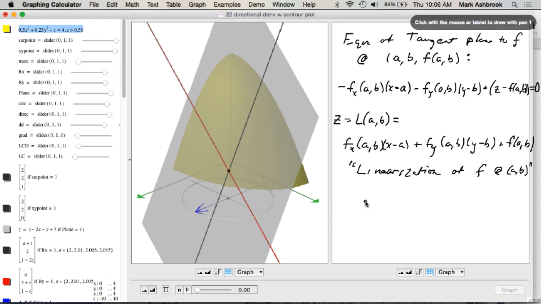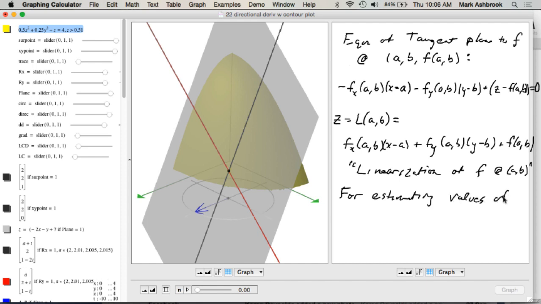So this is for estimating values of z on f when (x, y) is close to (a, b).